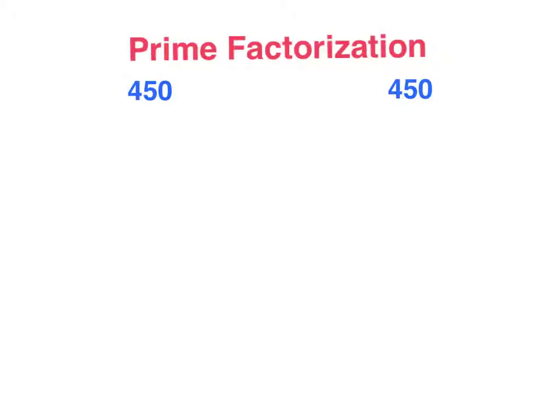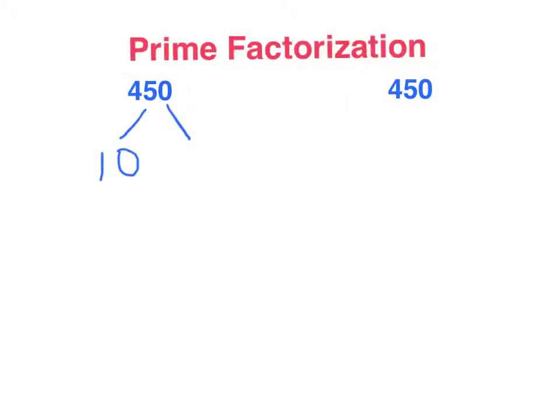Let's work another example. We'll find the prime factorization of 450. Again, we'll do it two different ways just to see that we get the same answer. When I try to find factors of 450, I notice that it ends in a 0, so it's divisible by 10.